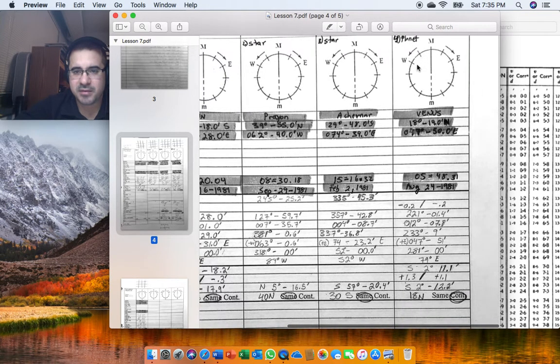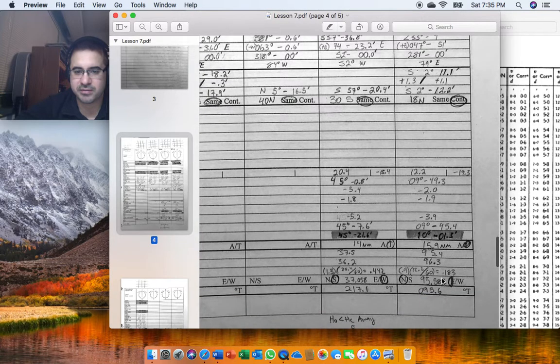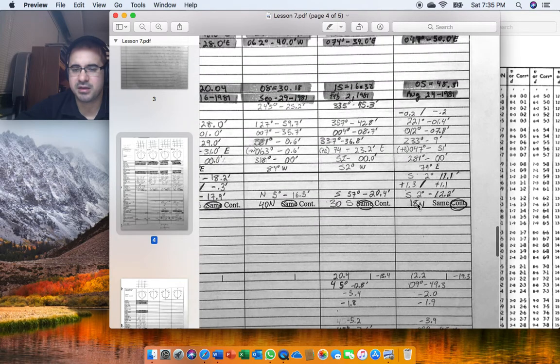LHA goes from M counterclockwise or west. 281 is going to be around here, and our T is from M, east or west, less than 180, so that's 79 east. If you had to solve this, you already know how to do it. We're not going to go over that. I don't want to waste your time. And then, so we got that. Now you know how to do that.